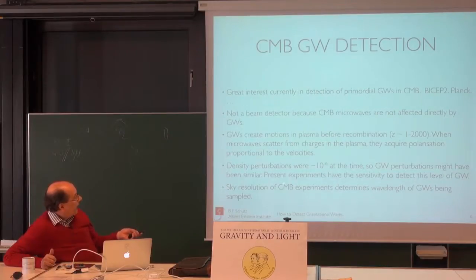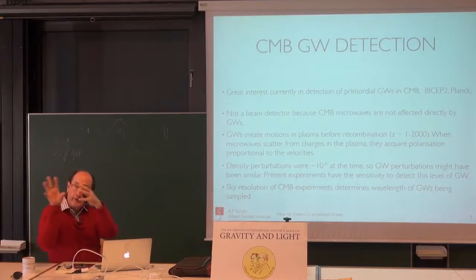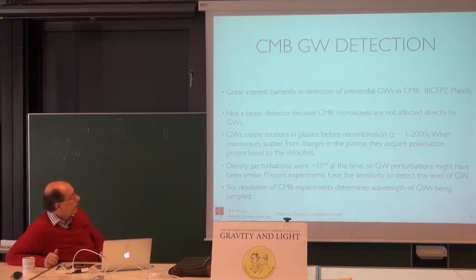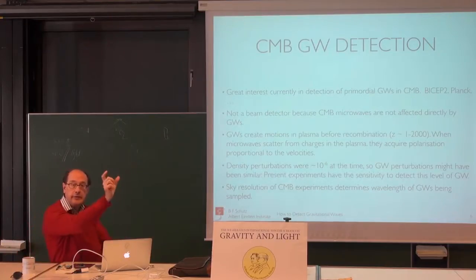And so that's the sensitivity, and the CMB, the sky resolution of the CMB, all these little fluctuation elements that you can resolve, that determines the wavelengths of the gravitational waves, because what you're seeing is in each one of these cells, which is the angular resolution of these CMB experiments, you have to have a coherent gravitational wave signal.